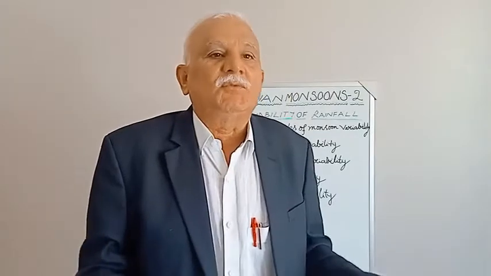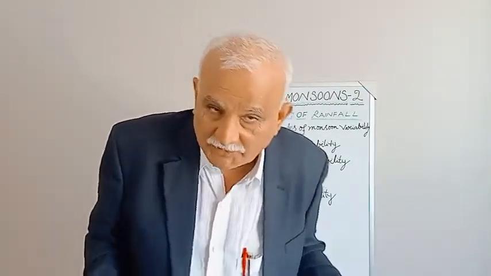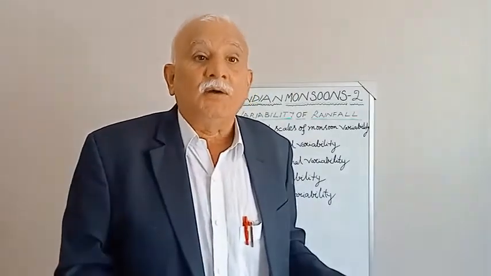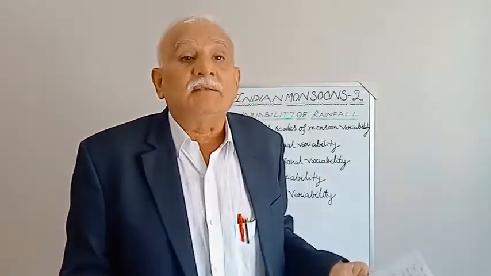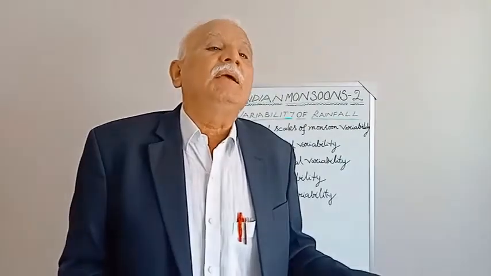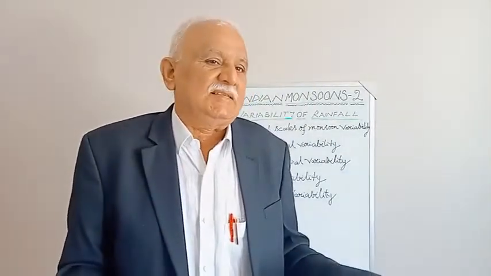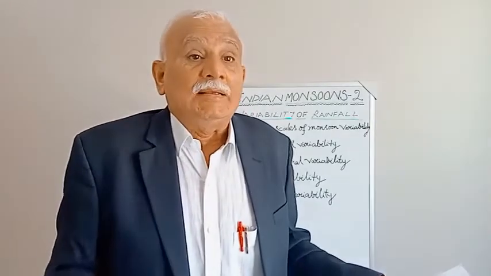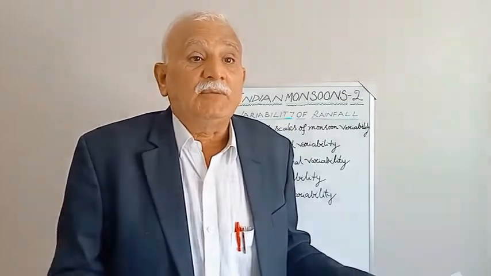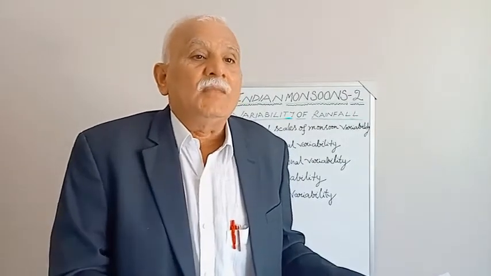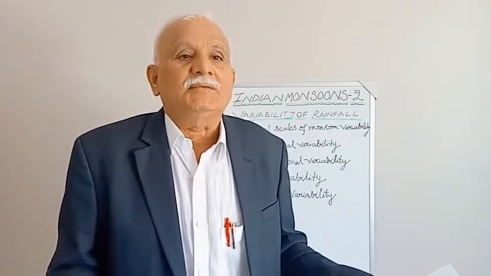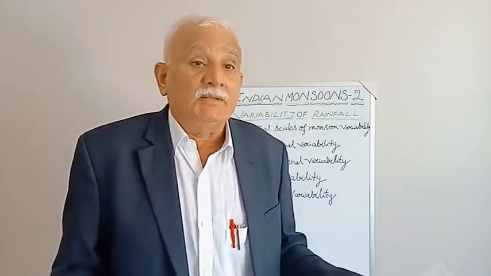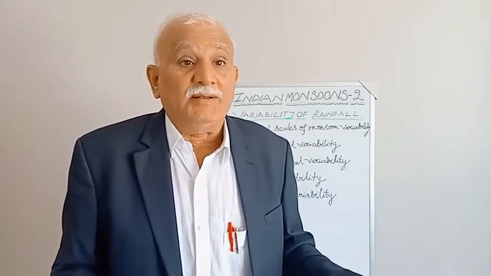In my 42 years of experience in this field, monsoon onset occurred as early as 25th May and as late as 6th or 7th of July. So for the onset we take 4th of June as standard, in some books 5th of June, but earlier or later, the coefficient of variation on the onset is 60 to 70%.